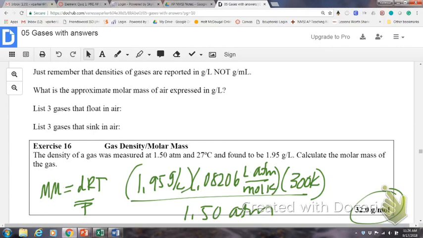Wouldn't you use the density to find the number of moles? Yeah, you would use the density to get to the number of... no, because you don't know how much. You can't get to the number of moles because you don't know the molar mass. Yeah, you can't do that.